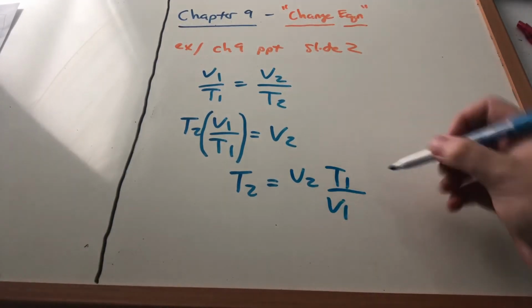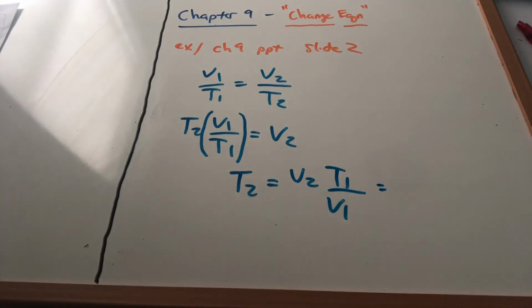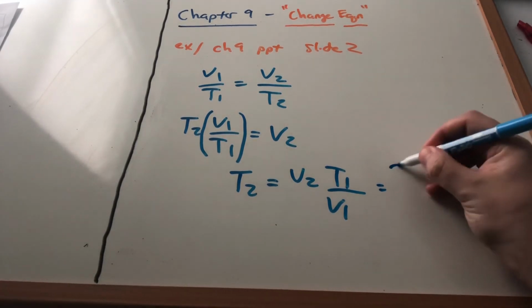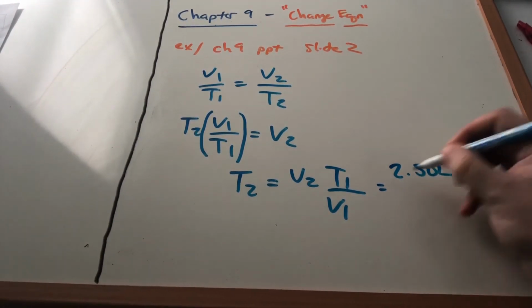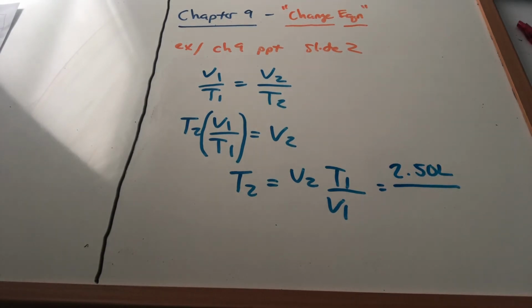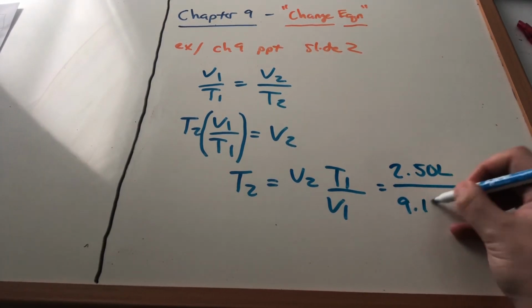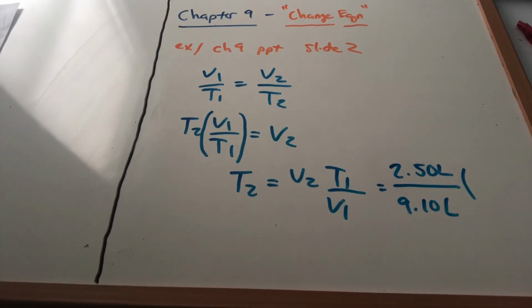Now these values I know. V2 was 2.50 liters. V1 was 9.10 liters. And T1 in the correct units, in Kelvin, was 471.15 Kelvin. So now we have everything set up.